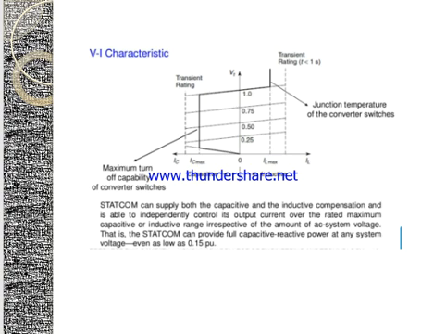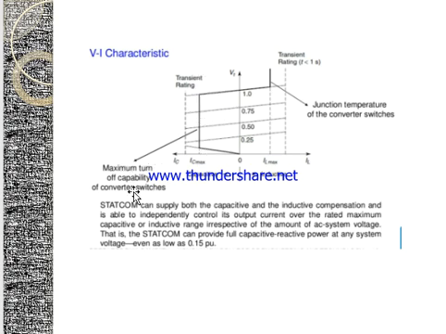We draw the inductive current versus voltage and capacitive current versus voltage. We can see how the variations are made. Here we can see that on the capacitive side, within the transient rating itself, the current shoots up.